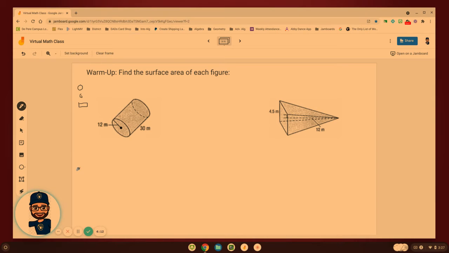The area of a circle is pi times the radius squared, or pi times 12 squared in this one, which gives us 144 pi. So both circles, the top and the bottom of that cylinder, are 144 pi.